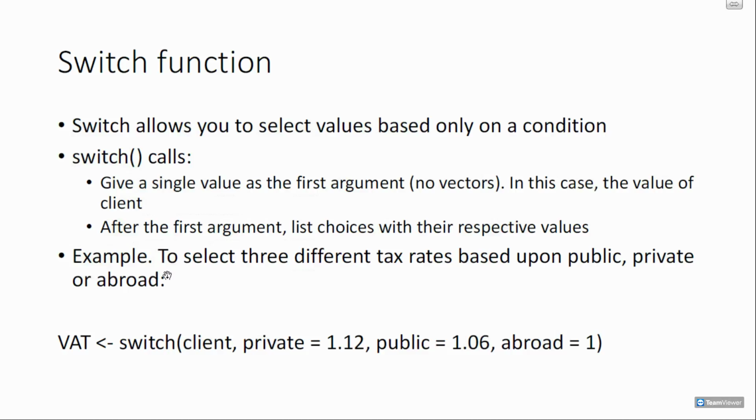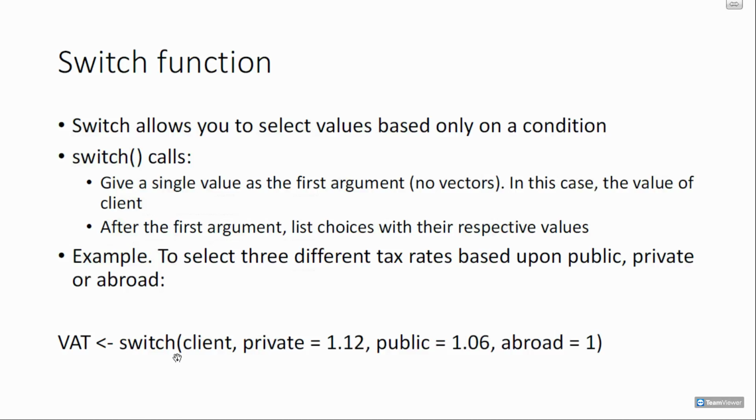So one such example, which ties to the previous example, is if the client is public, private, or abroad. If the client variable can hold three values, it can be public, private, or abroad. So based on the value of the client variable, you can assign particular values. You can select based on the choices that you give right after the first argument.